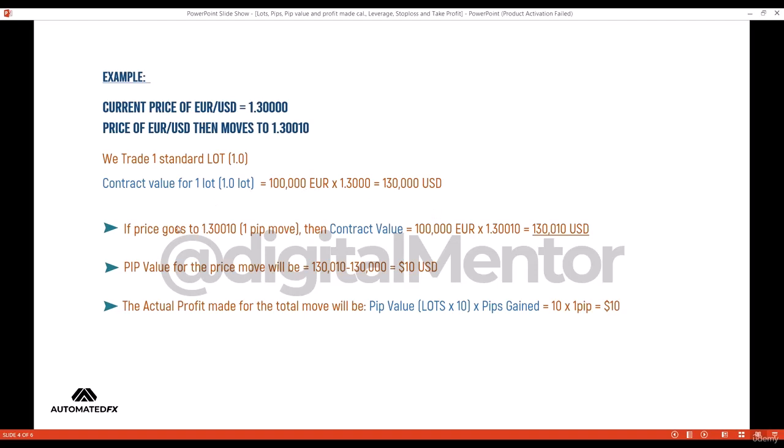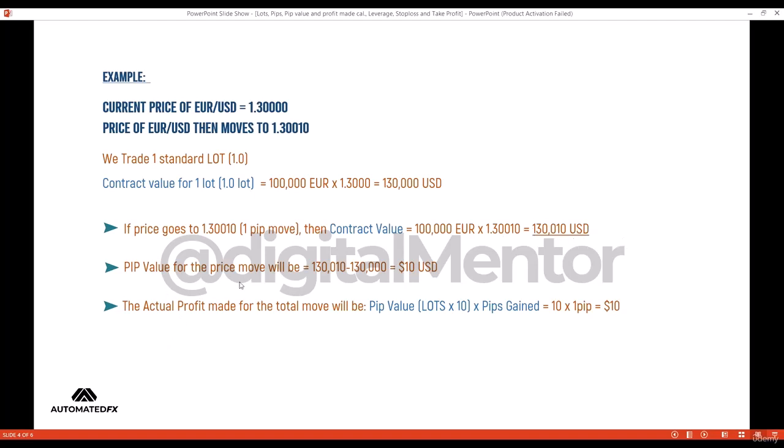If the price moves to 1.30010, which is a one pip movement, then the contract value will be 100,000 times 1.30010. So for the one pip movement, we now have to find the contract sum by multiplying 100,000 euros by the new price after the one pip movement, 1.30010. That is equal to $130,010.